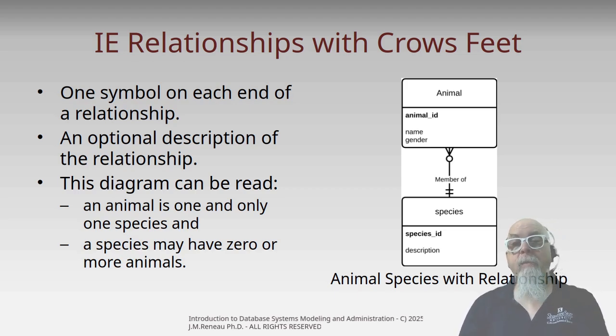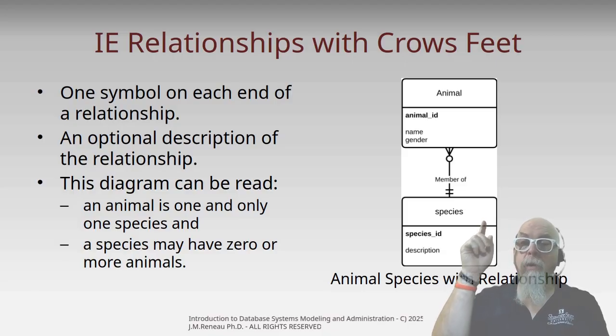And the diagram with the crow's feet can be read as follows: an animal is one and only one species. A species can have zero or more animals. So read that. An animal has one and only one species, and the species can have zero or more animals.